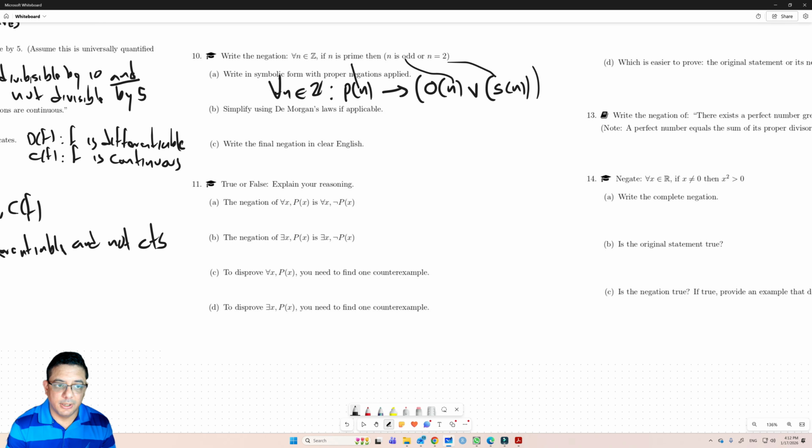But of course, we want to use this to maybe consider the negation, because we're doing De Morgan's law.